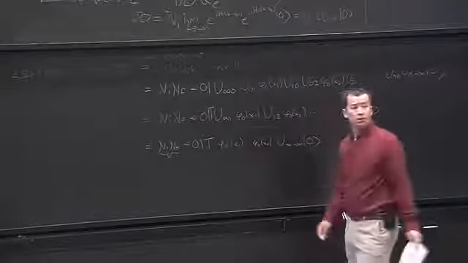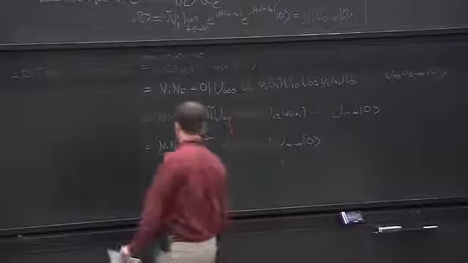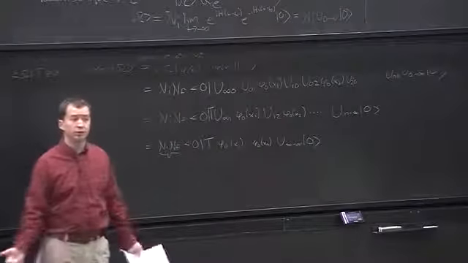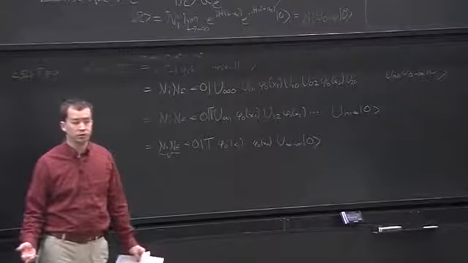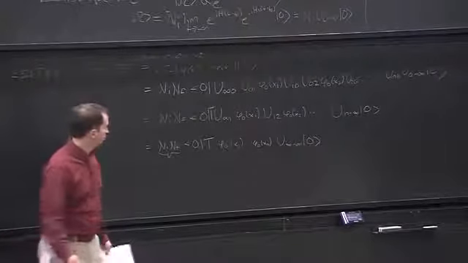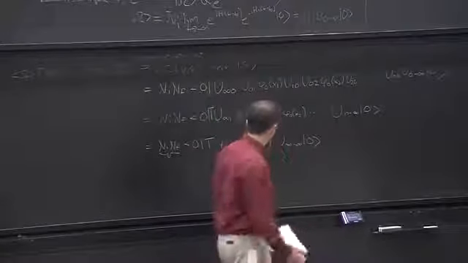And, well, we can determine that by choosing a normalization for the vacuum. So in the free theory, it was convenient to choose a unit normalization for the vacuum. That will, again, be a convenient normalization to choose.